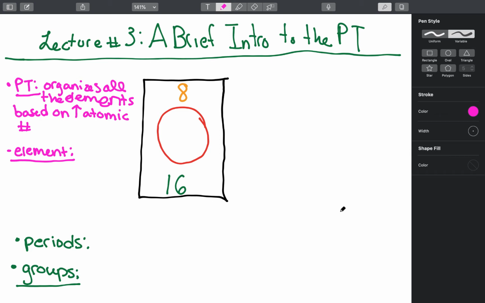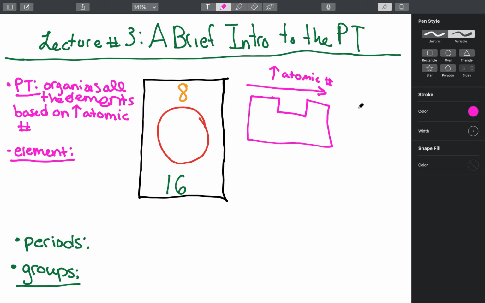So the periodic table is a table that organizes the elements based upon increasing atomic number. So if you were to draw the periodic table here, the atomic number would increase from left to right, and it would increase from top to bottom.